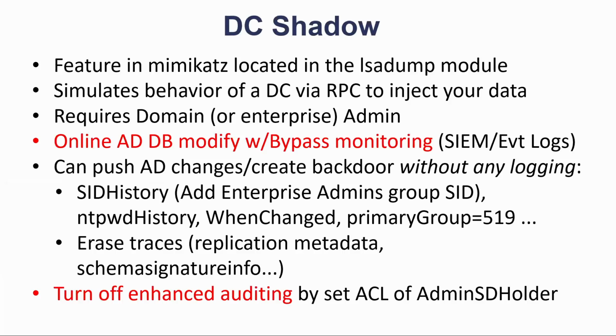Maybe one of the coolest things you can do with that, and that's not recommended, if you do it with a proper engagement with the customer, I wouldn't do that, of course. But it is for your lab fun. If you want to test it, you can turn off enhanced auditing altogether by setting the access control list of the AdminSDHolder object.